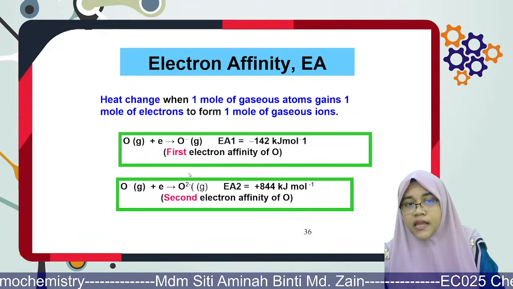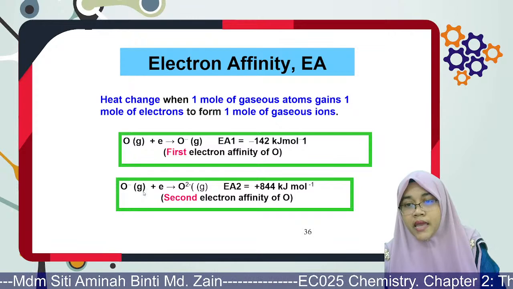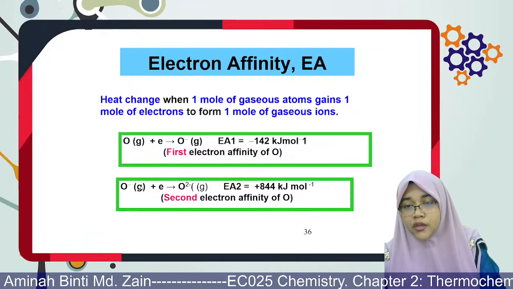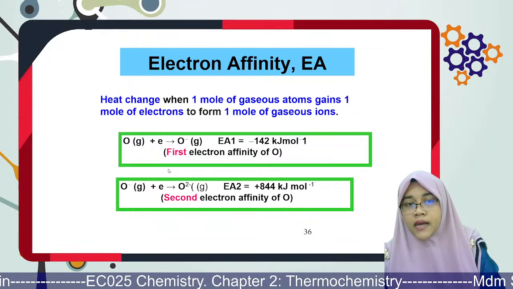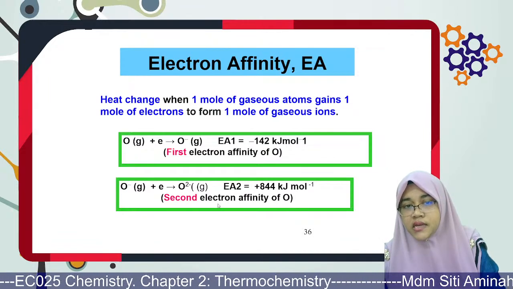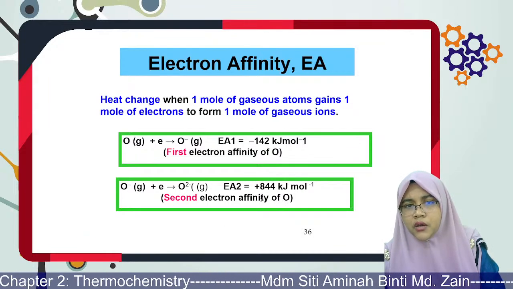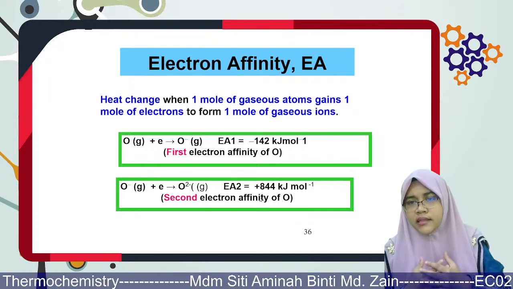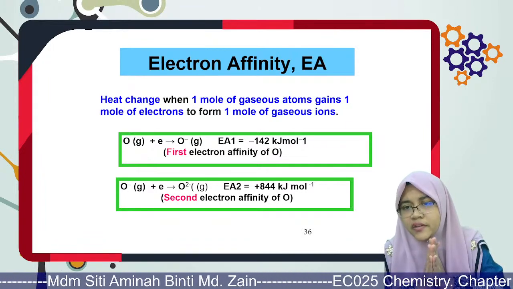The second electron affinity is after the second time the electron must be added to the already O negative ion. The second time. Okay. So O negative becomes O2 negative. This is the second electron affinity. So it is a bit difficult because you are already in a negative charge, then the ion wants to receive another negative.